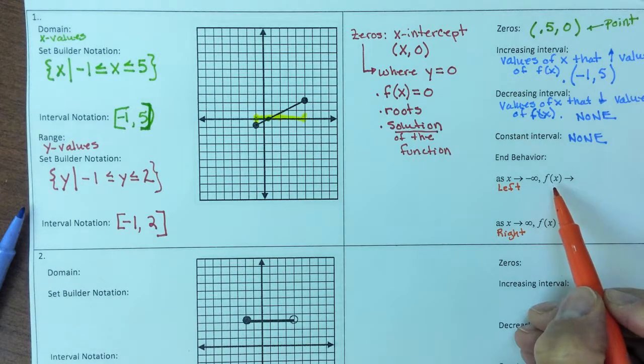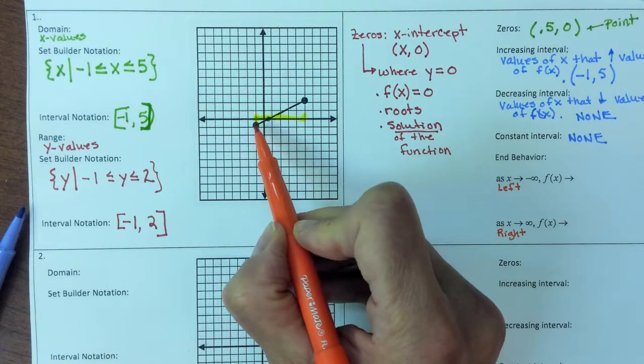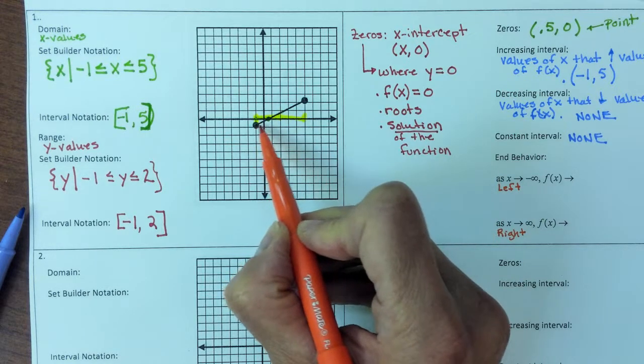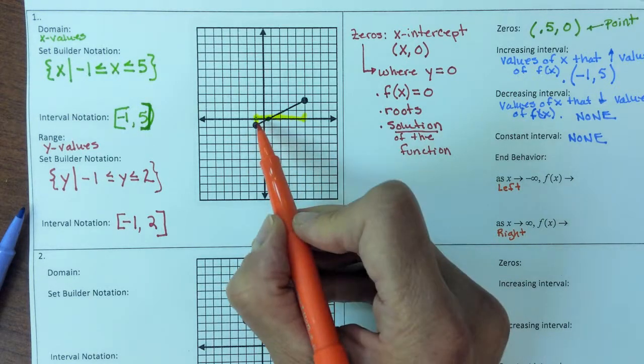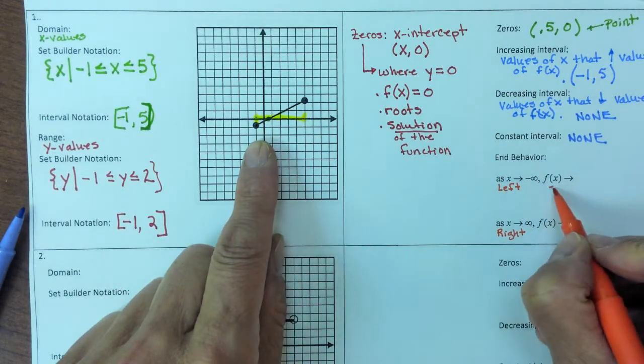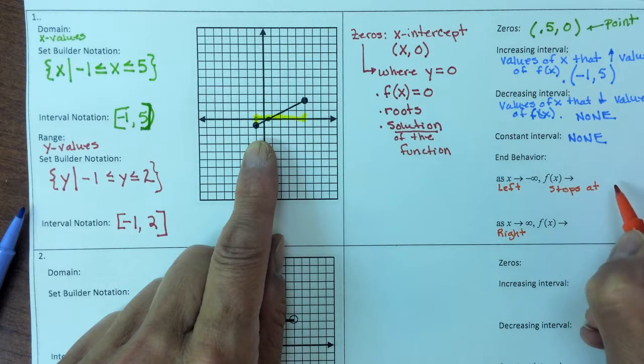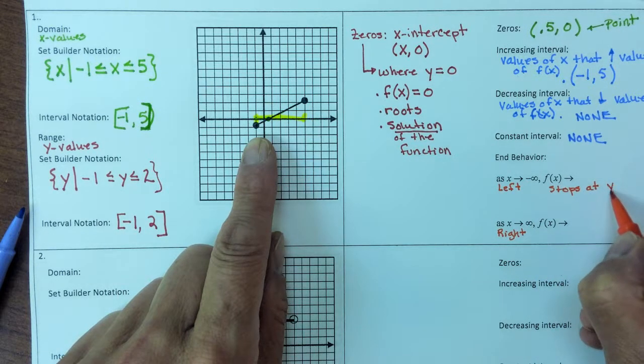So where is my function going? Well, actually my function stops right here where y is -1. So on this side, it stops at y equals -1.